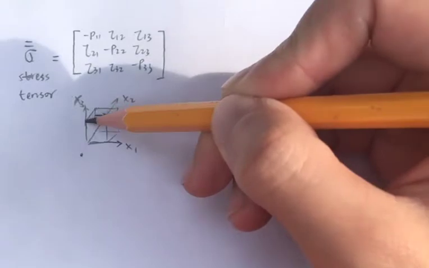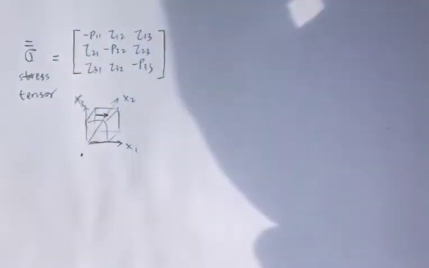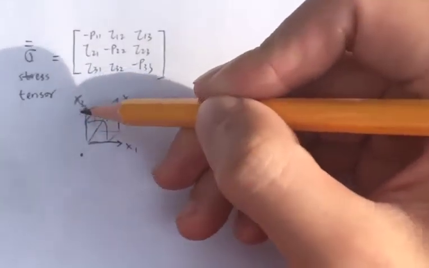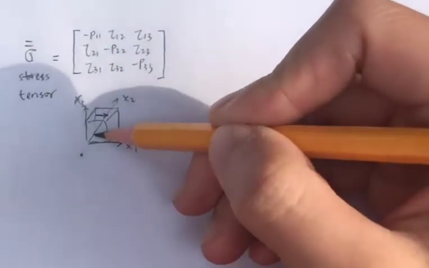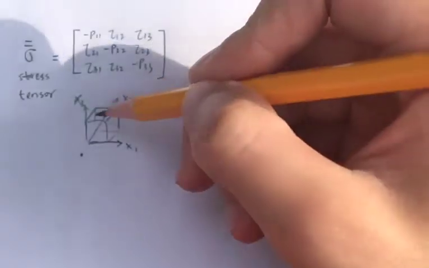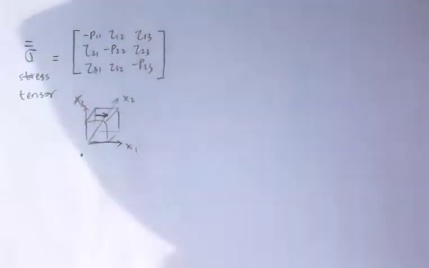So we see that the upper surface is perpendicular to the x3 axis, which means we can call the upper surface 3. Of course, if the stress is acting on the lower surface, the first index of that stress will also be 3, right? So the first index of this stress will be 3.